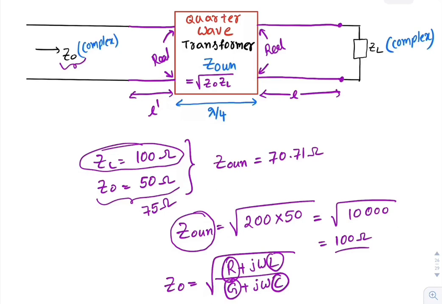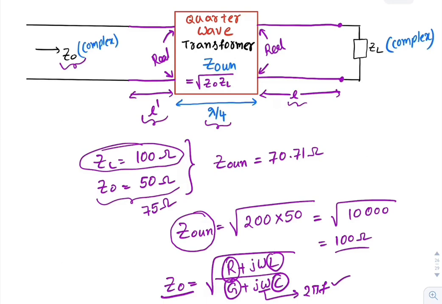The second problem that you are going to face here is the characteristic impedance of this transmission line depends on omega, which is equal to 2 pi f. That means the characteristic impedance changes if the frequency of operation changes. The total design that I have shown you till now for the measurement of L dash or lambda by 4 or L will vary if the operating frequency changes.